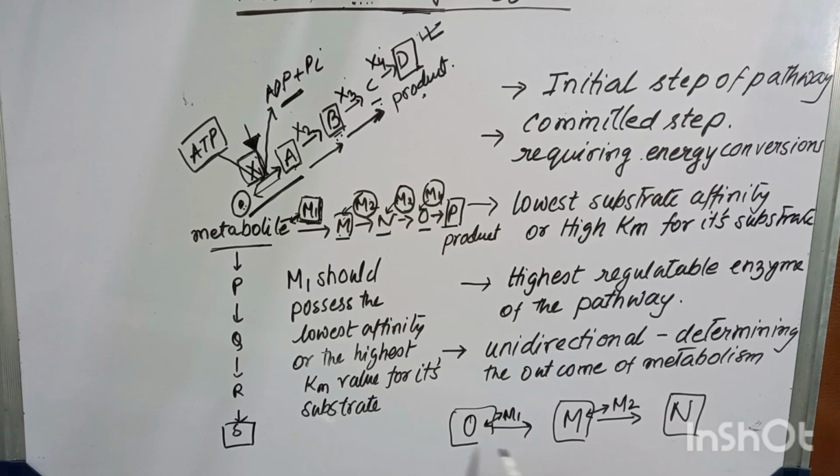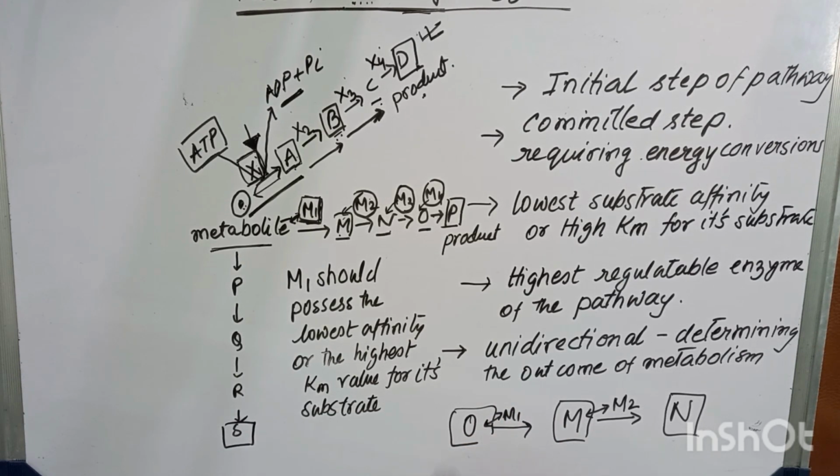Now if these two enzyme and substrate affinities are compared, if this one has the lower affinity, this reaction will be the slower reaction. The first reaction will be the slower reaction and this reaction will be the faster reaction. So if this reaction somehow happens, this will not be the trouble. This reaction will always occur because this is the better affinity enzyme, and this is the lower affinity enzyme acting on its substrate here.